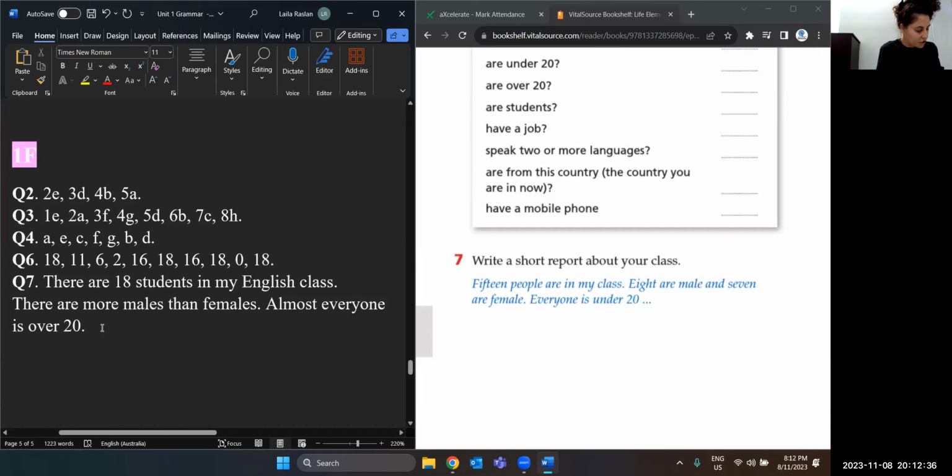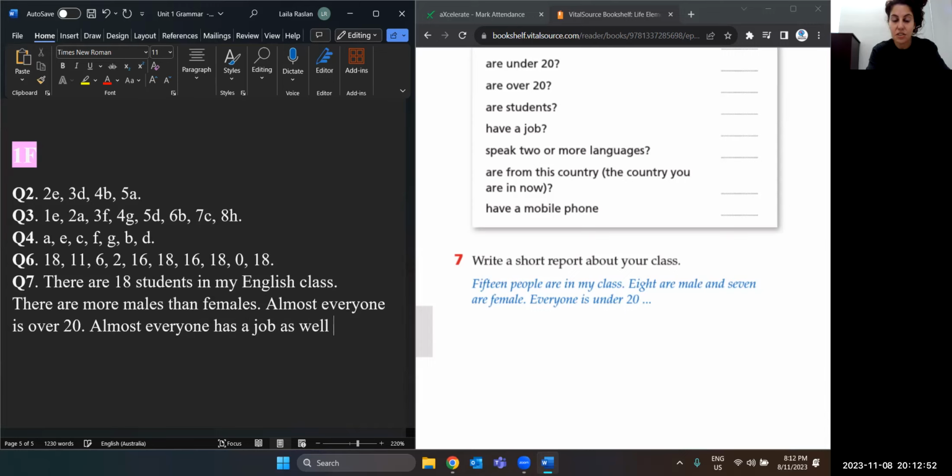Everyone is students. Only, how many people have jobs? 16? Wow, again, almost everyone has a job. Almost everyone has a job, as well as being a student. So that's how I can make a sentence for those questions.